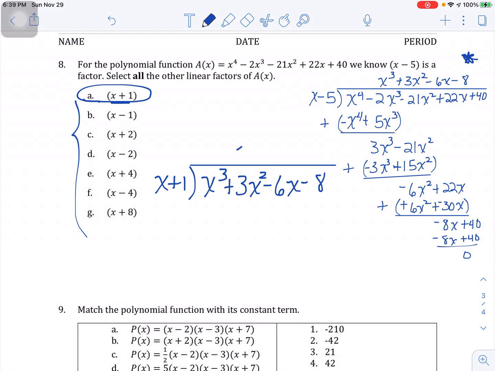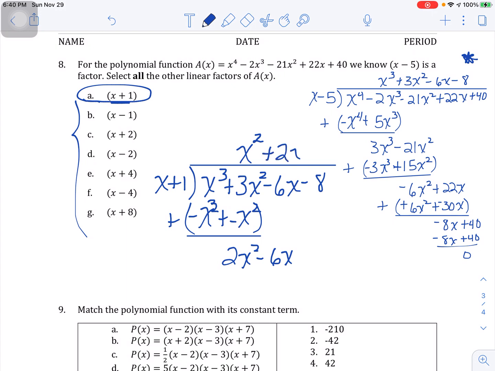So now we need an x cubed there, so I'm going to put an x squared there. That gives me an x cubed plus x squared when I multiply it. Subtract, or add the opposite, would give you 2x squared down here, 3x squared minus x squared. Bring down the negative 6x. Then I would need a plus 2x here, so that when I multiply I get a plus 2x squared, and then that would give me a plus 2x.